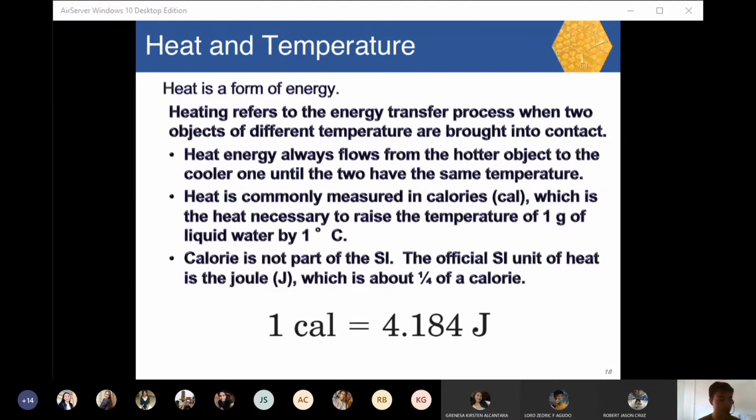Joule, basa daw sa kanya kasi siya ay Swedish at ang basa nila sa OU ay U. So, this is the conversion factor. Now, if you're going to convert 1 calorie to joule, that would be 1 calorie equal 4.184 joules. Now, you just copy the slide, screenshot nyo na lang. Then, later on, magsasolve tayo.